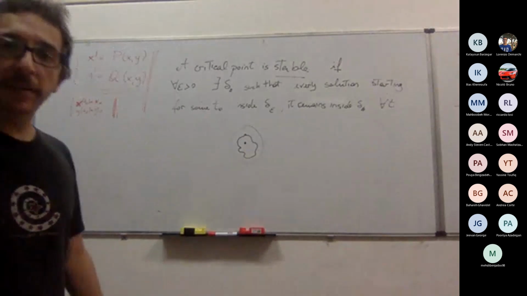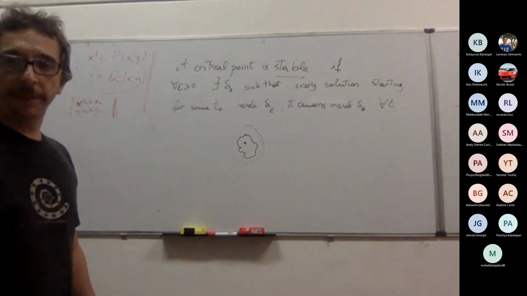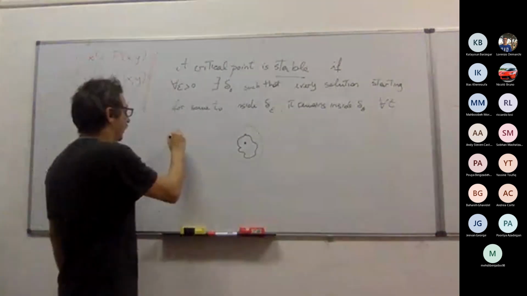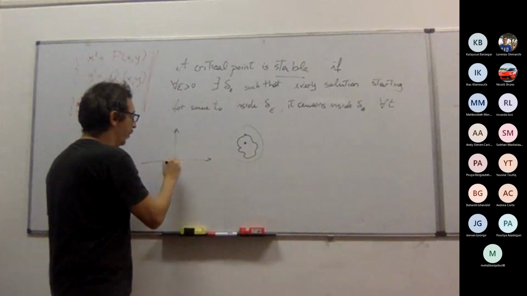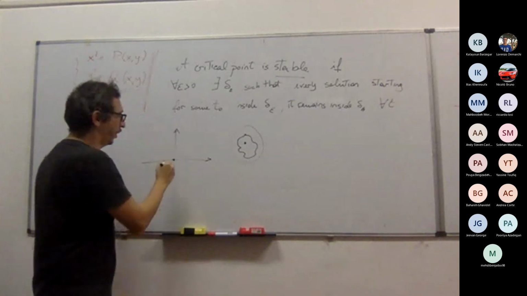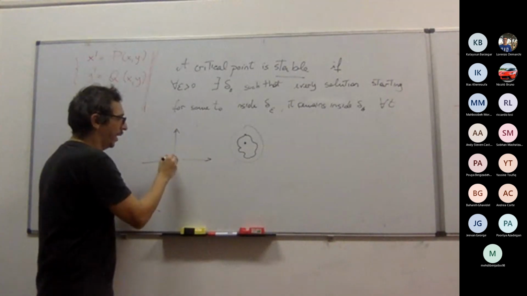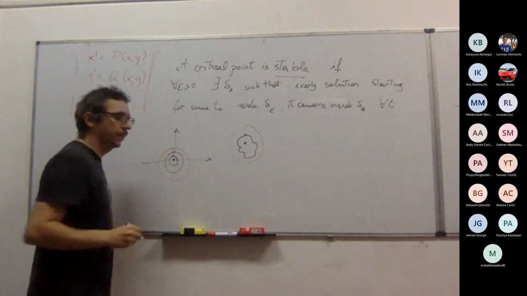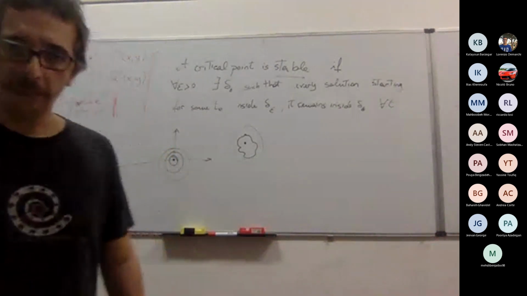That's, for example, the case of a center. You remember that the center was a critical point surrounded by closed orbits.